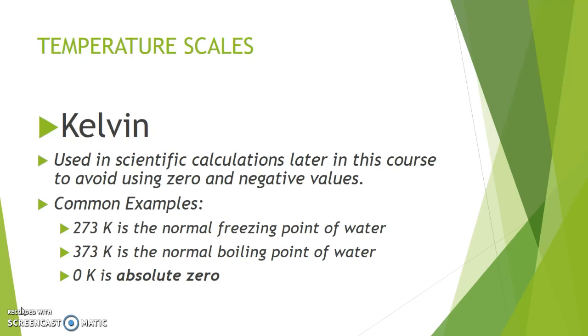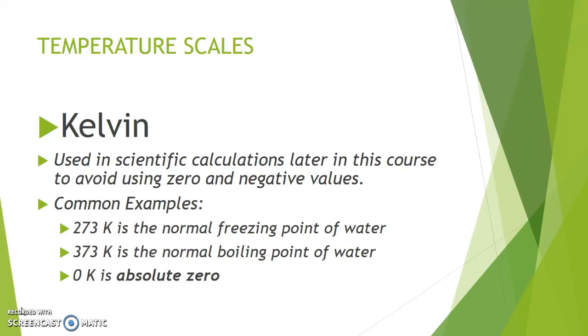The Kelvin temperature scale might be new to you. It's used in the scientific community to plug into calculations, and these calculations and formulas you use later on with topic 3. The reason why we use the Kelvin temperature scale is because we don't want to use negative numbers or 0 in any of these formulas because it'll just throw everything off.